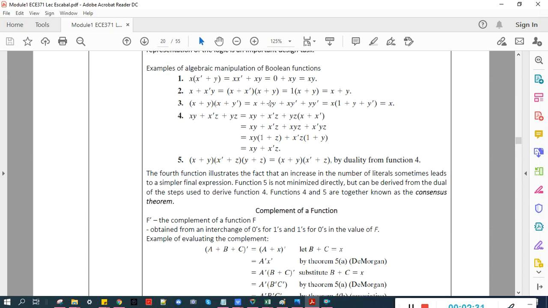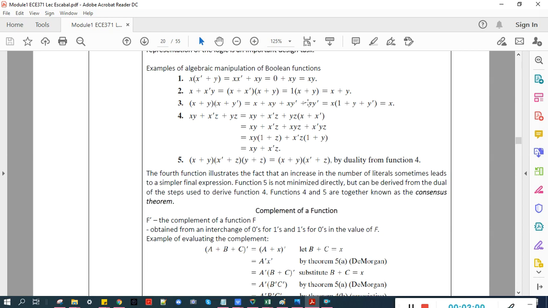In this case, from the book's approach, it distributed this whole quantity into the first element here, x. That's why xy comes first, then xy'. Then the last element is yy'.